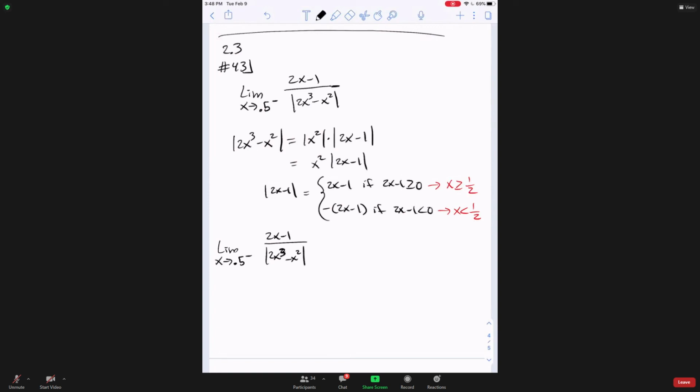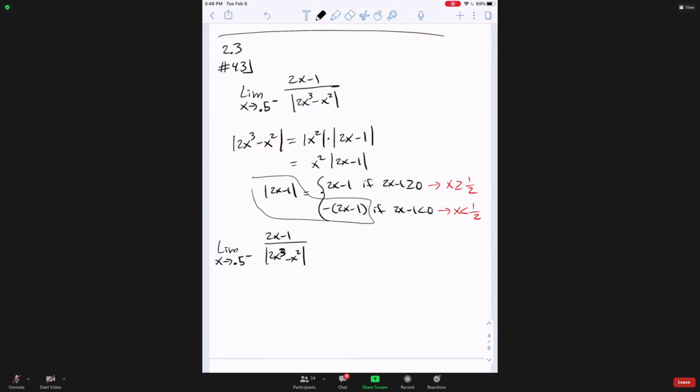Since x approaches 0.5 from the left side, we're talking about numbers like 0.4, 0.3, which are less than 1/2. So the absolute value of 2x minus 1 is going to be the second case, because we're talking about numbers less than 1/2, from the left side.